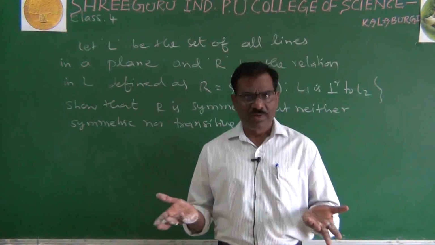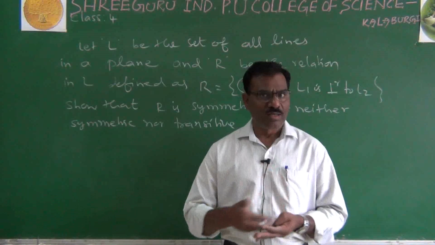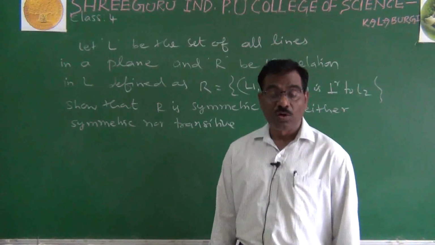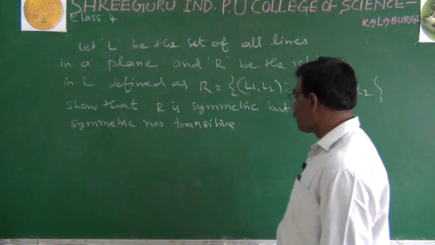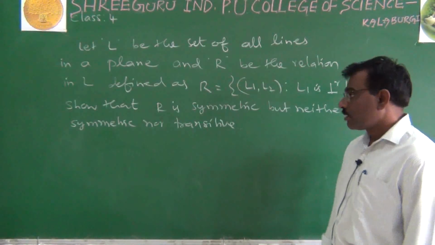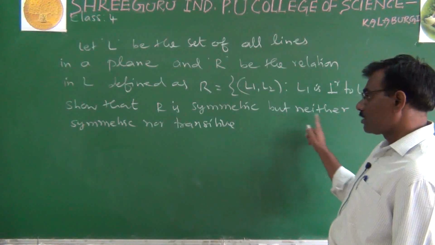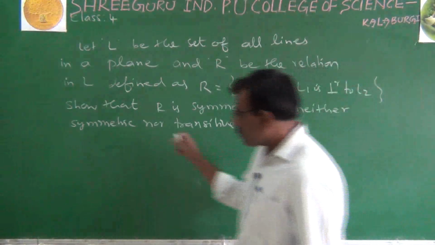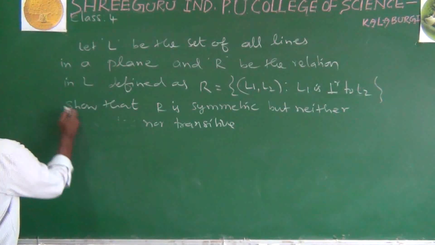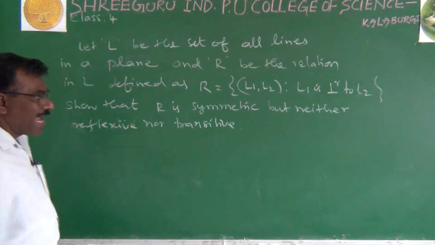When your theory is perfect, without solving, just by oral question, you can tell parallel is equivalence, similar is equivalence, congruent is equivalence. Perpendicular is not equivalence, because in perpendicular only symmetric is satisfied. So R is symmetric, but neither reflexive nor transitive.